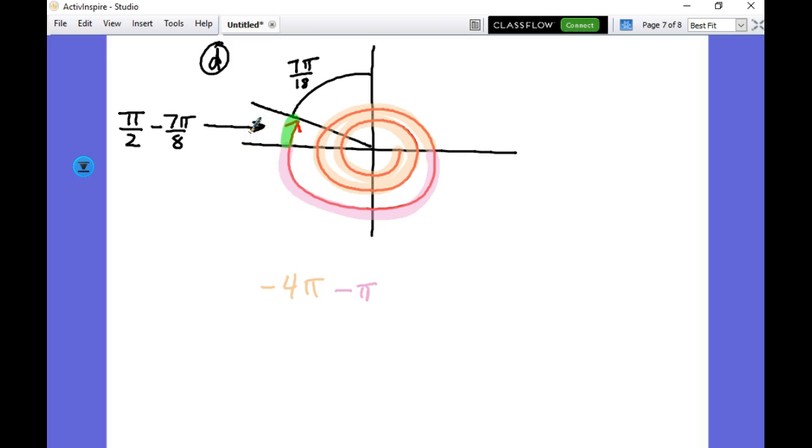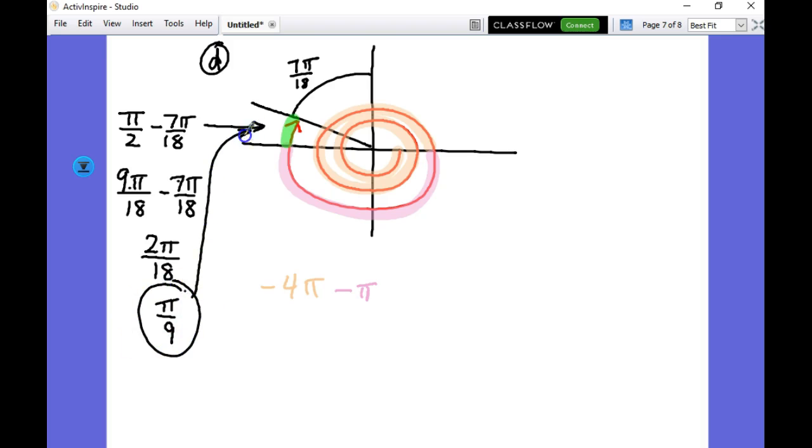Okay, so we need a common denominator there, which is going to be 18. So on this one, I'll multiply the top and the bottom by 9. Nine take away 7 is 2. And that reduces to pi over 9. So that piece is what goes right there.